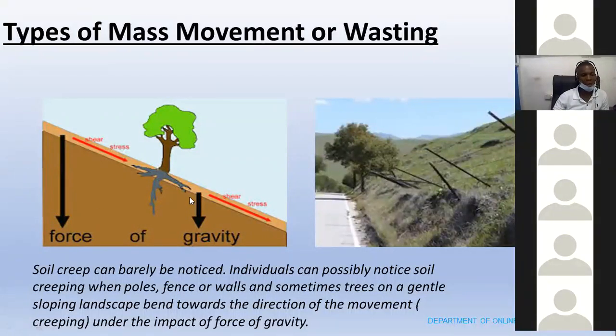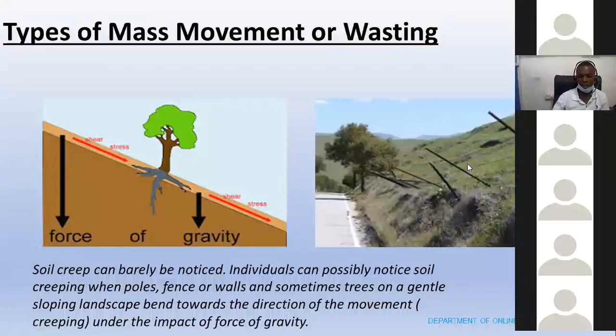The rate of movement cannot even be determined. You can't determine how fast these materials are able to move downslope. And it may take several years before it can be determined that this activity has taken place in a particular environment.